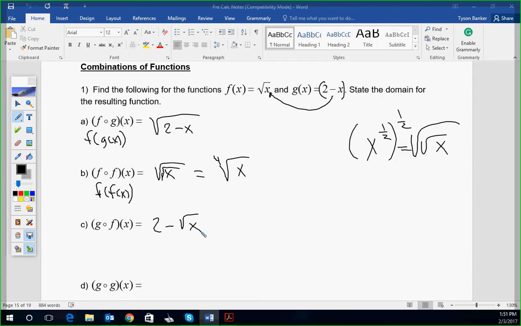Okay, and then g of g, since my picture's frozen, I'll just write a little bit higher over here. G of g would just be 2 minus x, so I just repeat this 2 minus x in for that x there. 2 minus 2 is 0, right? A minus x is a positive x.